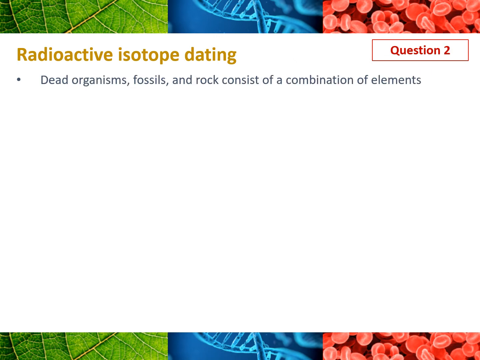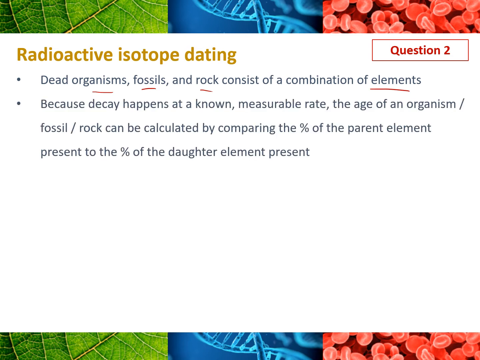All right, the next level on from this is to understand that dead organisms, fossils, and rock, this includes things like shells, everything, consist of a combination of elements. Everything is just made up of elements. As I said before, the decay happens at a known measurable rate for each element.